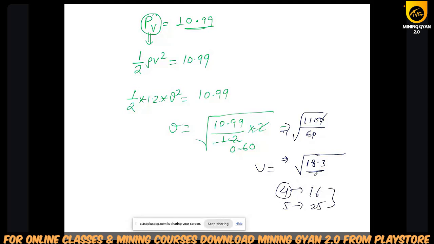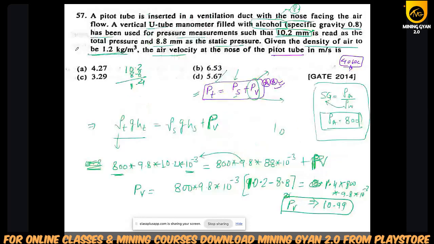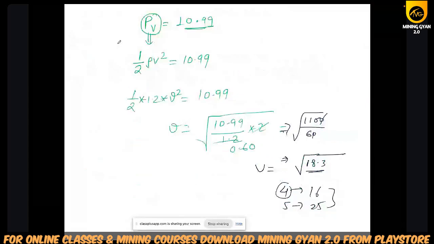So between 4 point something will be your answer. I told you many times, you can use approximation also, है ना, to get your answer.